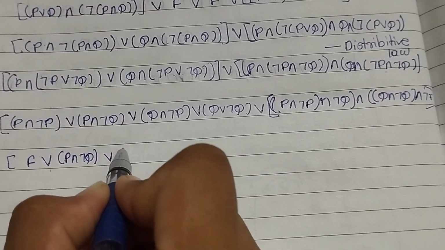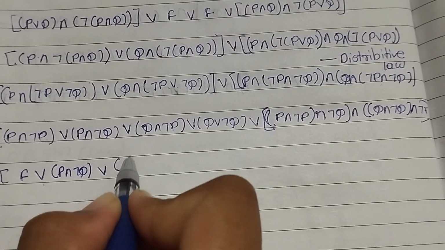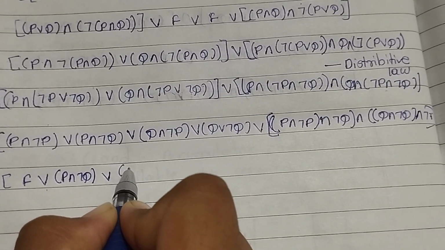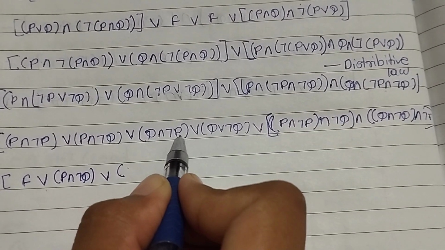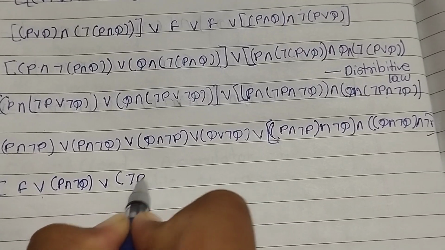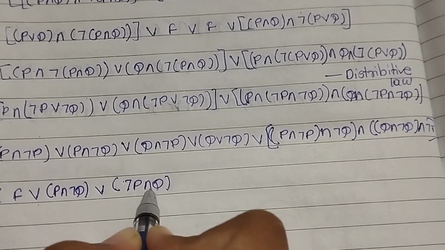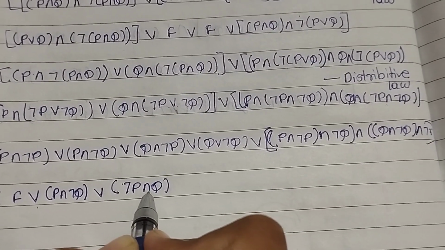Or here we use commutative law because for our simplicity P is variable, write first and then write Q. So P and Q, this term and this term is same. This is the commutative law.